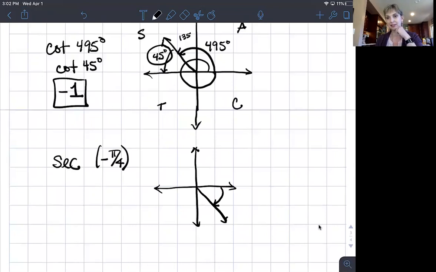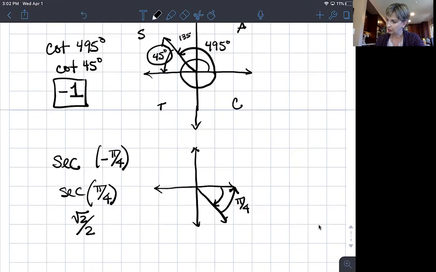The reference angle is the angle that gets us to the x-axis, which is pi over 4. So we want the secant of pi over 4. We can get that off of the sheet from the other day when we did all 6 trig functions for the 3 main angles. And it was square root of 2 over 2.